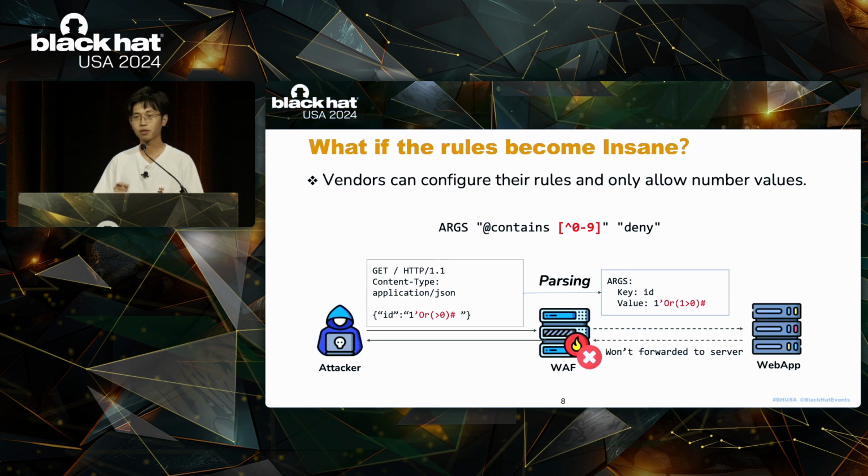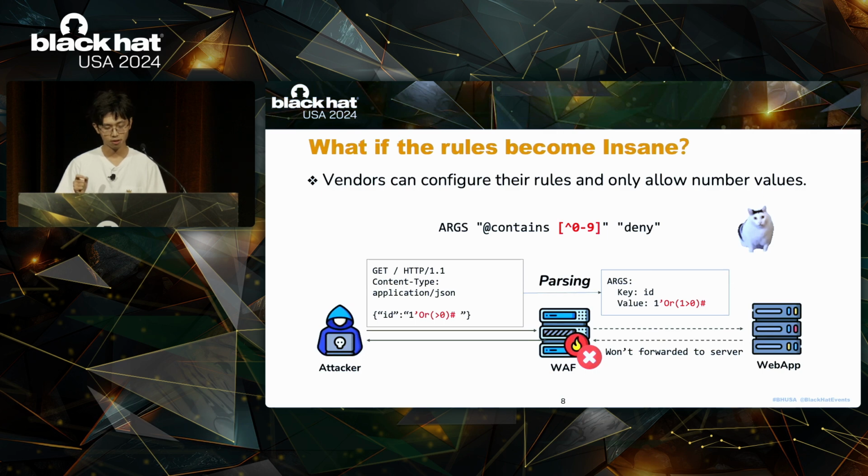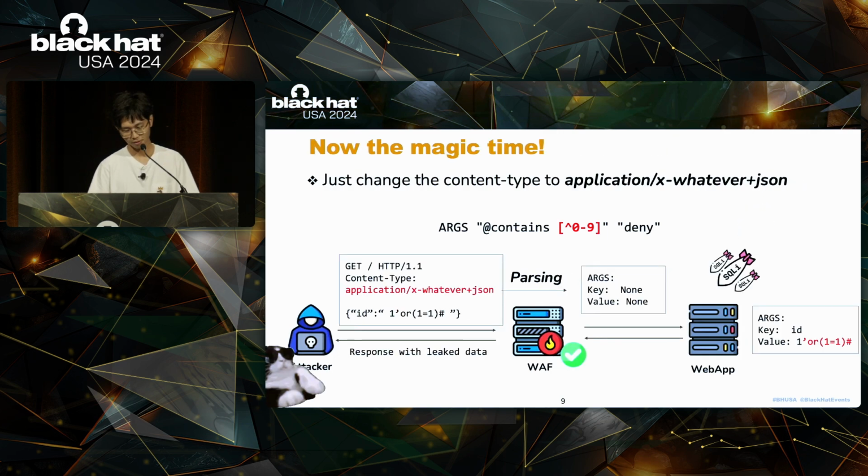However, what if the rules become really strict? As the administrator can easily update their rules, they can restrict ID parameters and only allow numeric values. So in this case, can we still bypass the WAF and launch a SQL injection attack? The good news is the answer is yes.